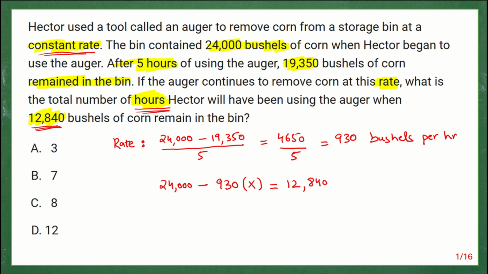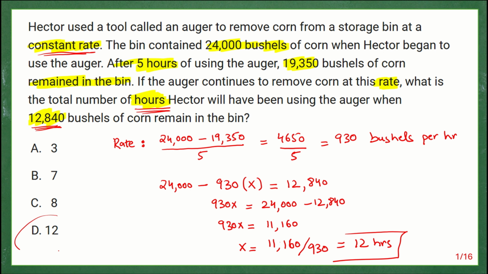This is equal to 11,160, and x is equal to 11,160 divided by 390, and that comes to 12 hours. So the correct answer for this problem will be 12 hours here.